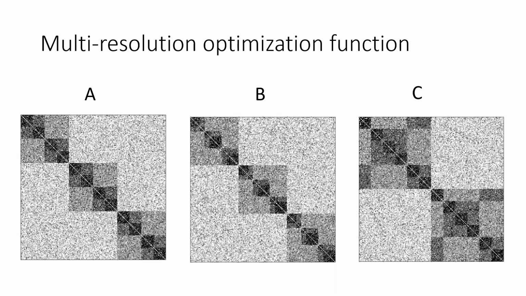Now, if we look at network B, it has a similar high-scale community structure as network A. It's also divided into three equally sized communities, but how these are further broken down is different. It's broken down into three communities and each of these into two, but not equally sized.